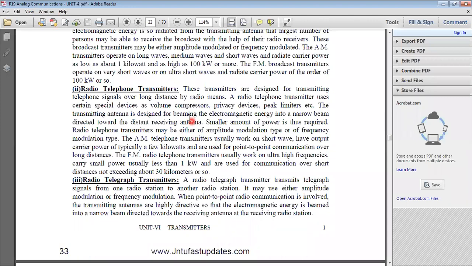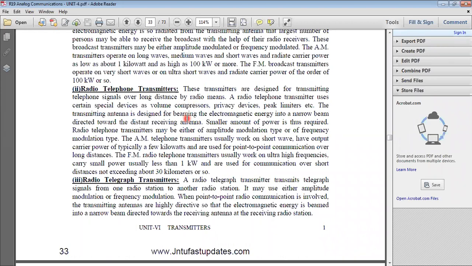These transmitters are mainly designed for transmitting telephone signals over long distances by radio means. They are used to transmit radio telephone signals for longer distances.